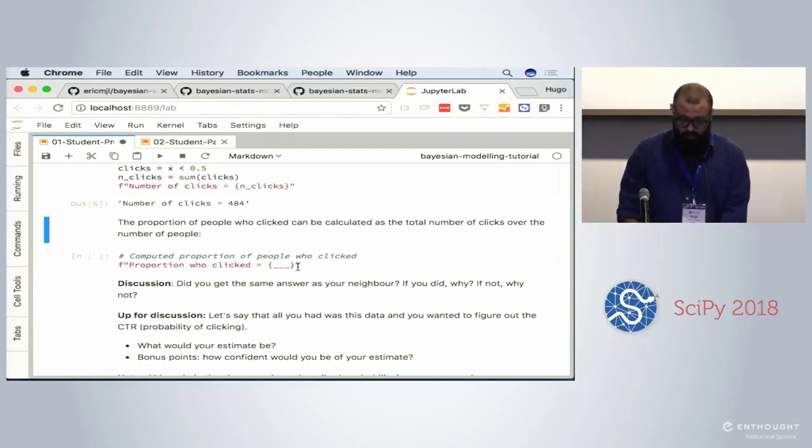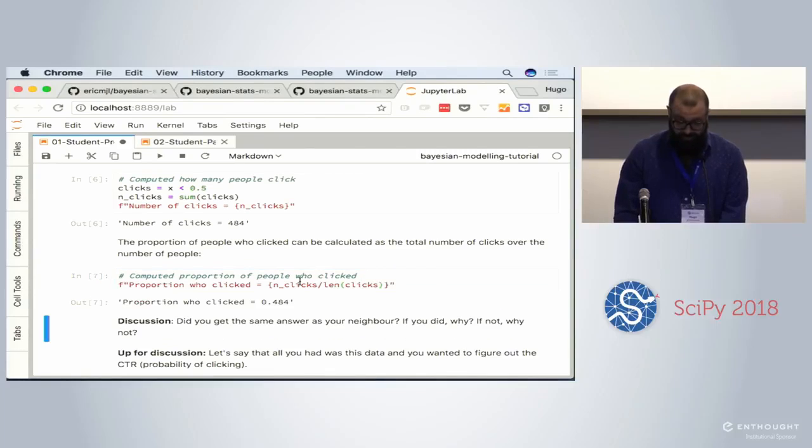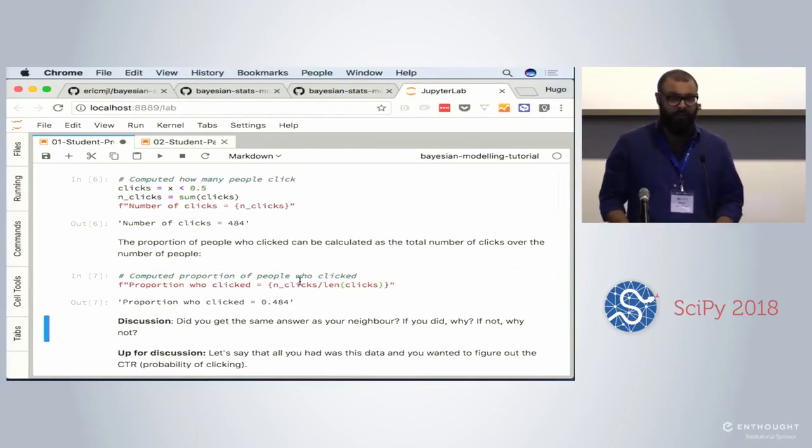So now, this is the cart, that was the horse. The proportion that clicked is the number of clicks over the length of the data. So the proportion who clicked was 0.484. Okay, that's cool.